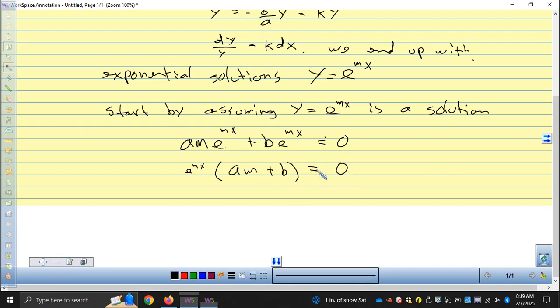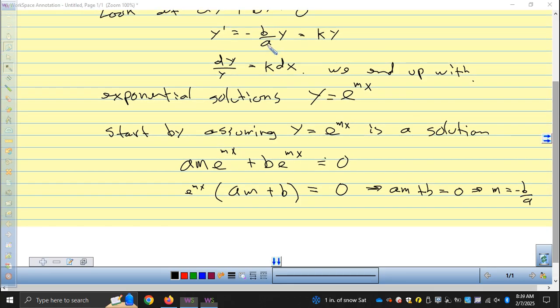Well, e to the mx is never 0. So we have to have that am plus b equals 0, and that tells us that m equals negative b over a, which is what we had here.